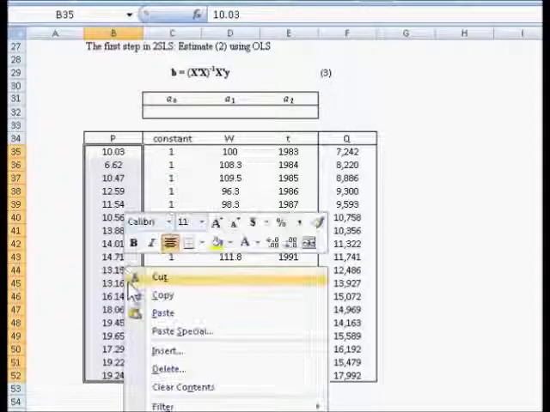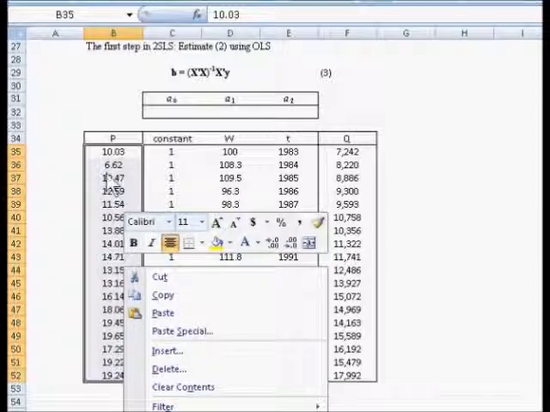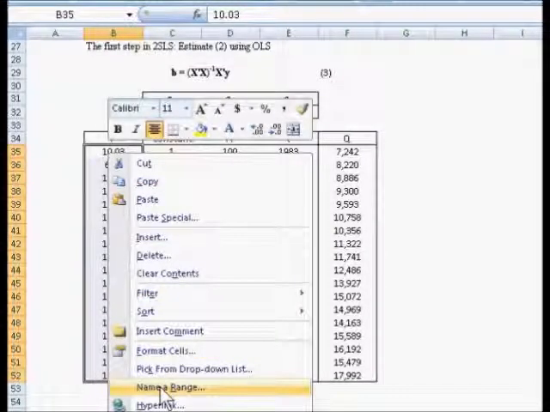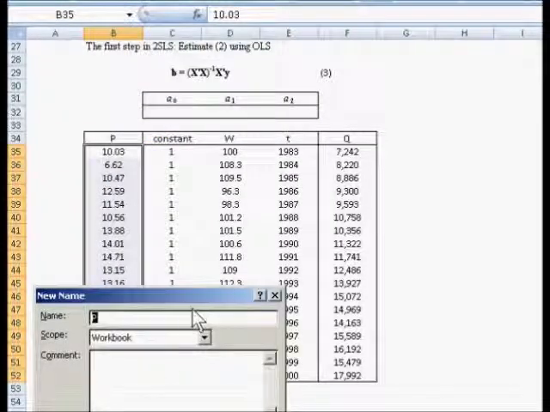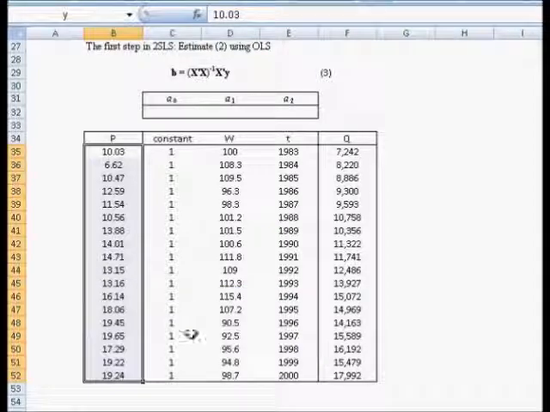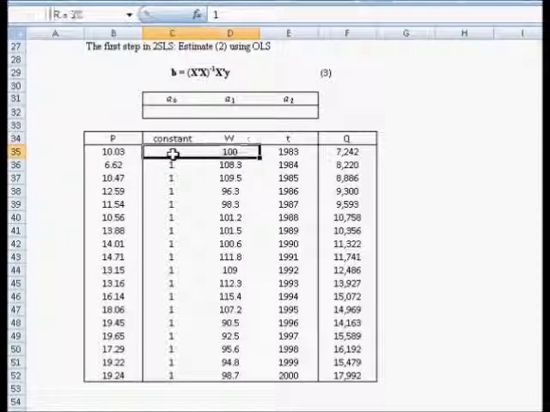Then right-click on the highlighted observations and choose Name a Range. Again, this is the vector Y. Do the same thing for the constant, W and T.